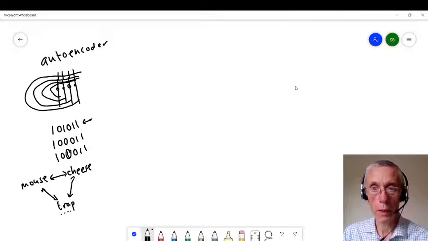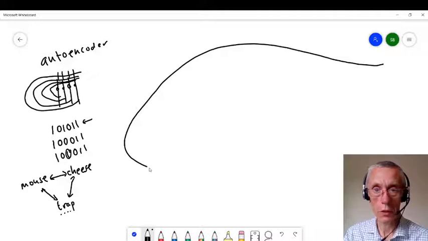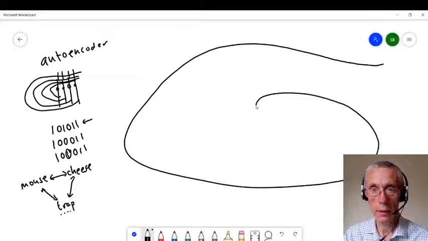Now let's try and relate that to what we've been saying about the hippocampus. So here's a rough structure again of the hippocampus.